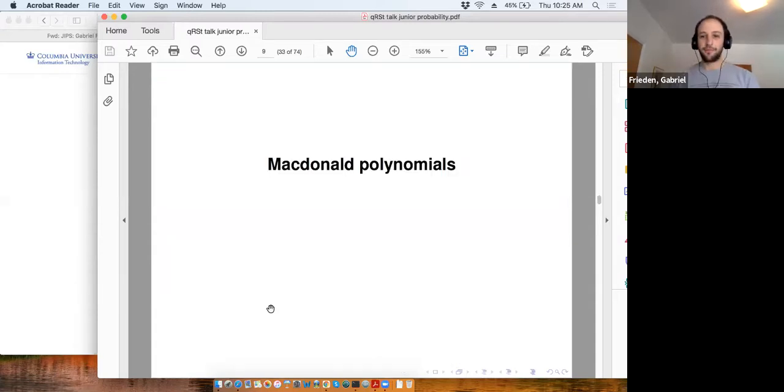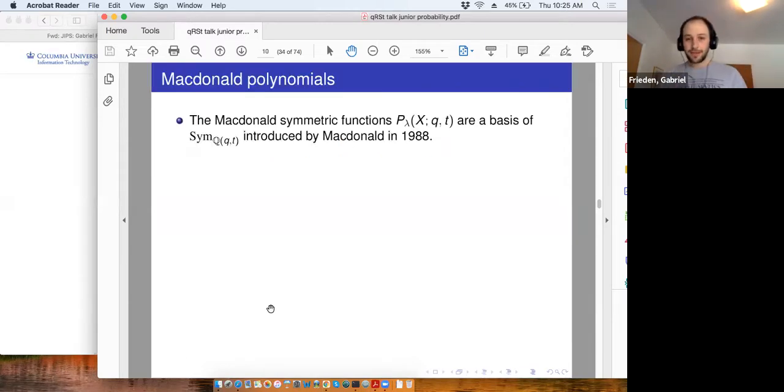Okay, so now I want to generalize from Schur polynomials to Macdonald polynomials. The Macdonald symmetric functions are a basis of symmetric functions in two additional parameters, q and t, which were introduced by Macdonald.